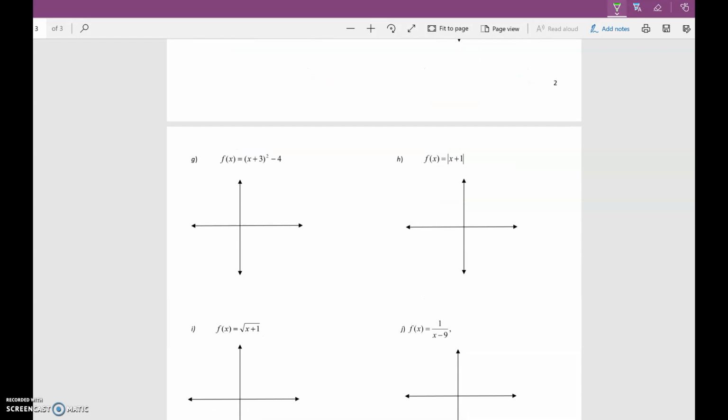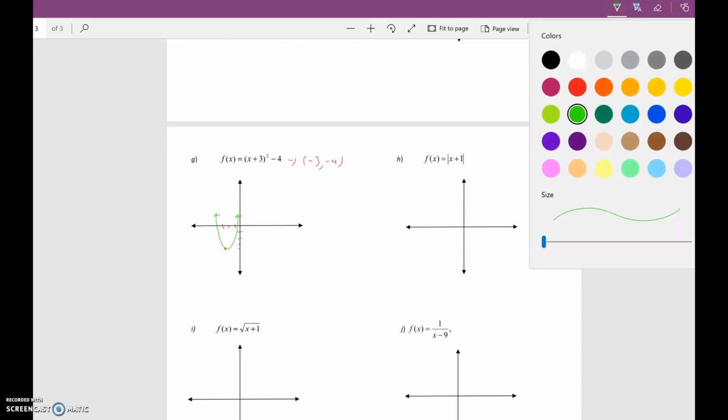Now let's take a look at the next one, which is negative 3 comma negative 4. So 1, 2, 3, 1, 2, 3, 4. And it's a basic parabola. So your parabola is going to go in that direction.